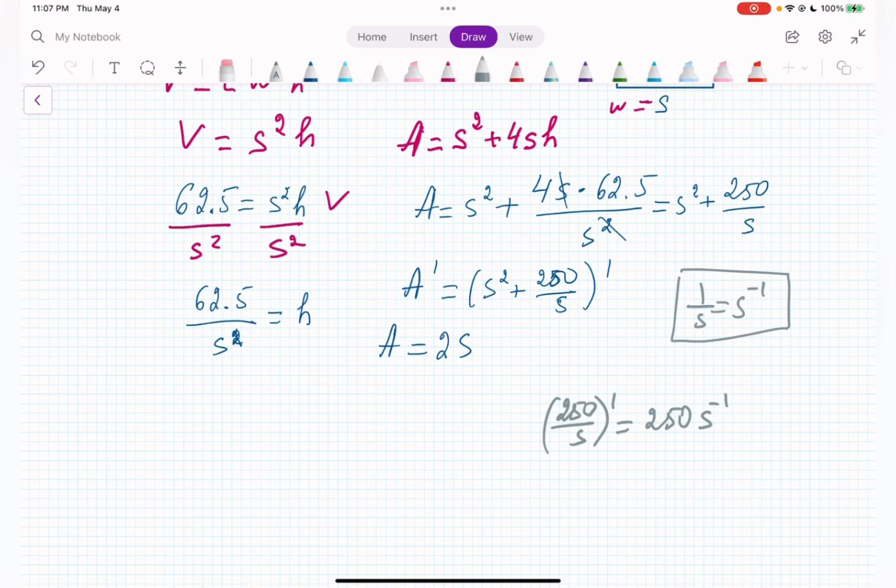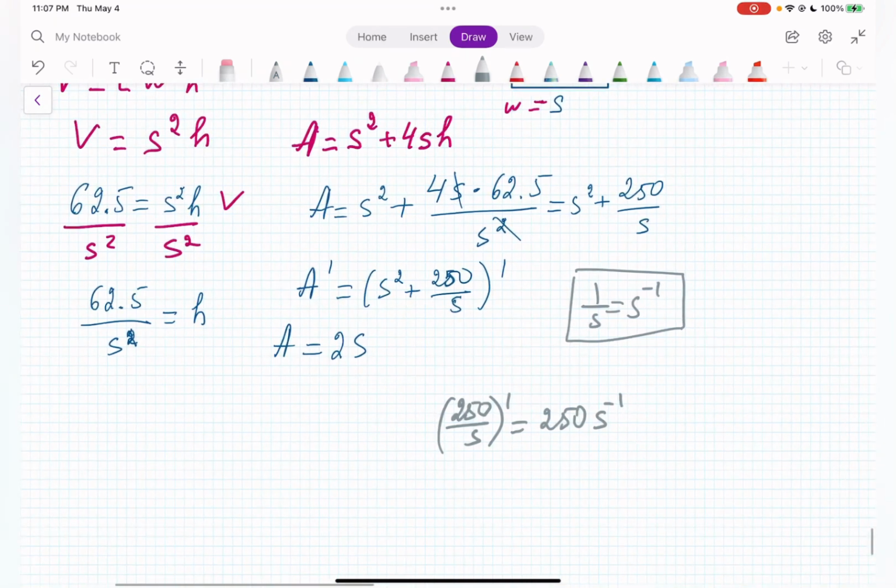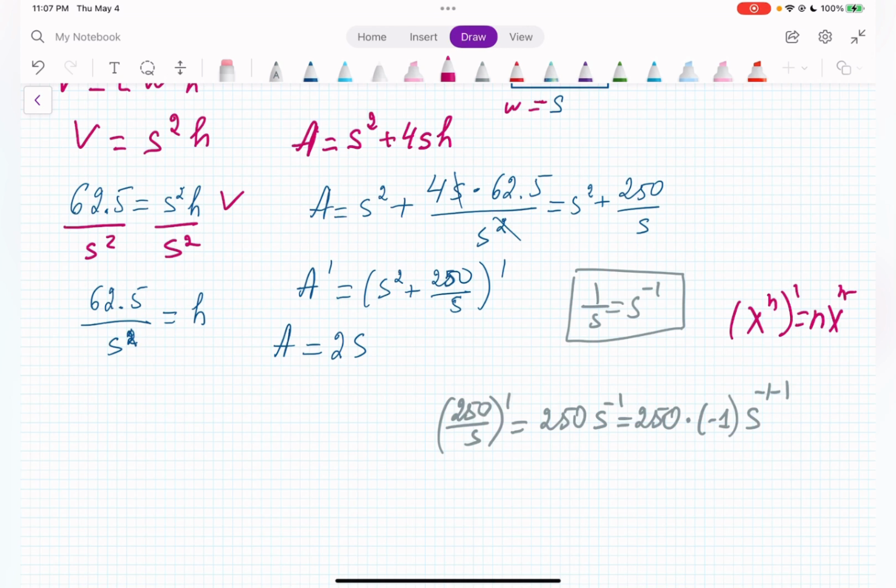So it's going to be equal 250 times negative 1 comes in front, S to power negative 1 minus 1. Remember our formula? X to power n derivative is n times x to power n minus 1. Since our degree is negative 1, negative 1 comes in front, and negative 1 minus 1, we are getting 250, negative comes in front here, and S to power negative 2.